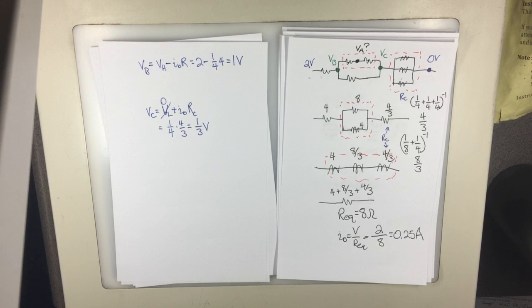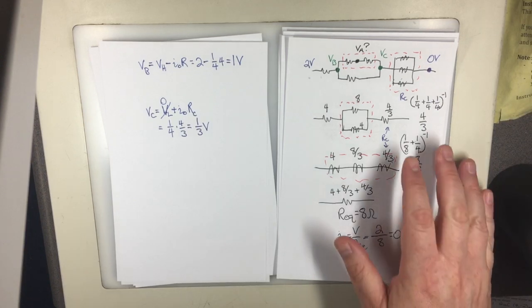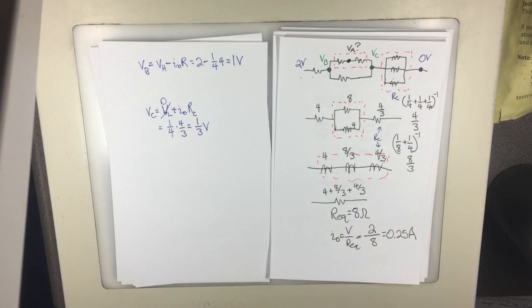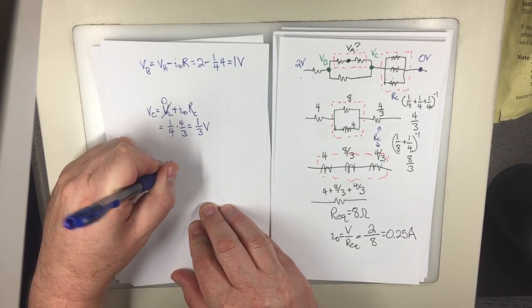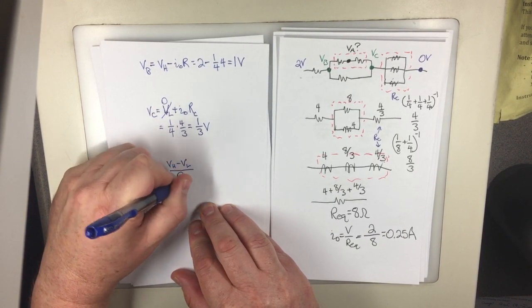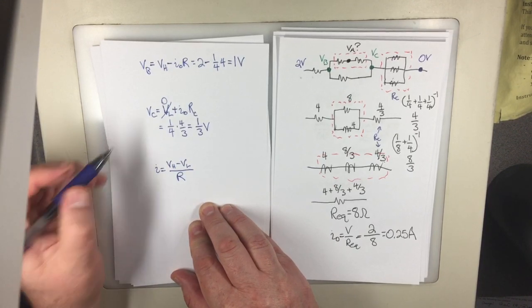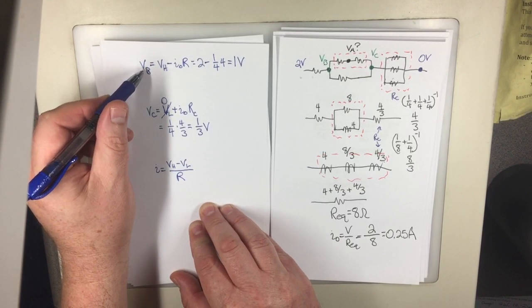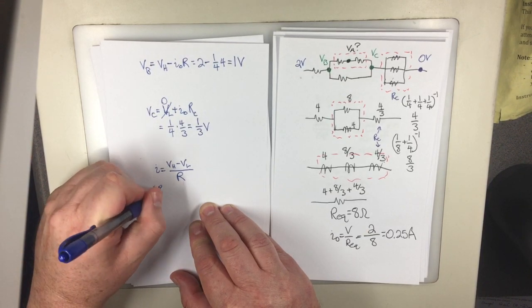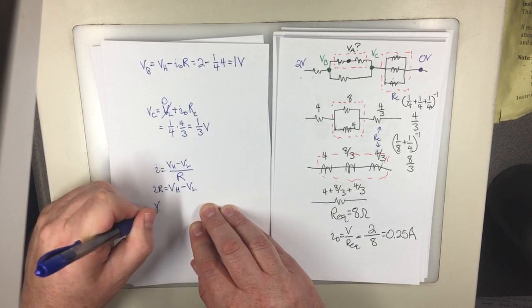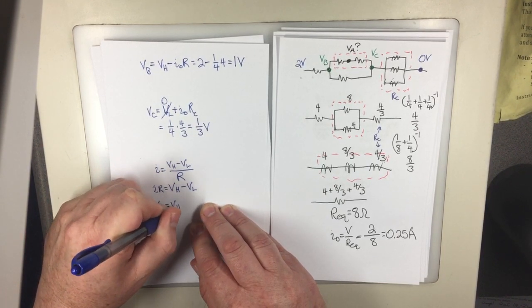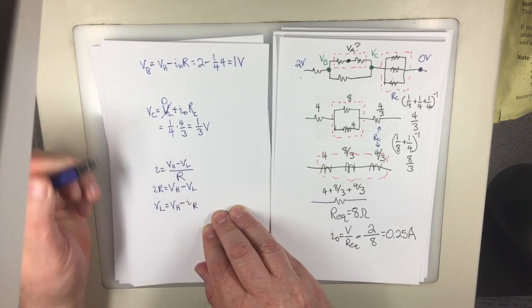Yes? Where did you get those equations to find VB? Everything that I do is based on, and technically, yes, I skipped a few steps, but really what I'm doing is I got this equation in my head, and that is I equals V high minus V low over R. Here, VB is V low. So IR equals V high minus V low, or V low is equal to V high minus IR.